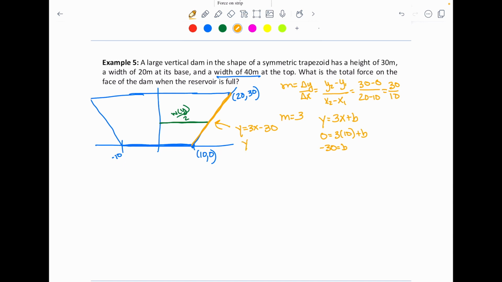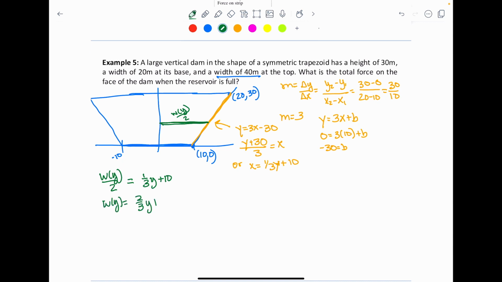So I'm going to say, okay, (y plus 30) divided by 3 equals x, or x equals 1/3 y plus 10, which means my width function divided by 2 is just going to be, well, how far out does that go? That goes all the way out to x equals 1/3 y plus 10. If I multiply both sides by 2, I get 2/3 y plus 20.